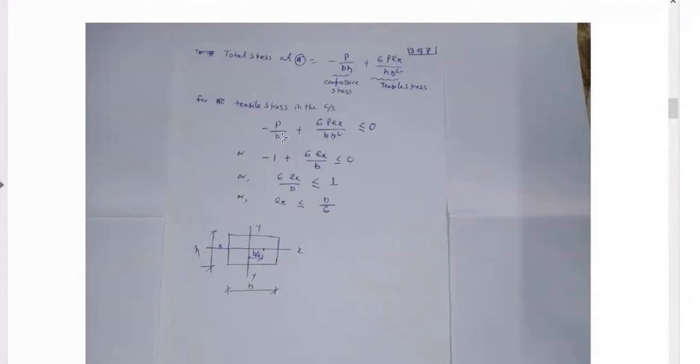Minus P divided by BH plus 6PEx divided by HB squared less than or equal to 0, because we consider tensile stress as positive. If this entire quantity is less than 0, then only the nature of the stress will be compressive in nature.